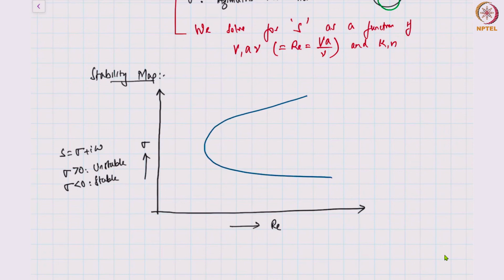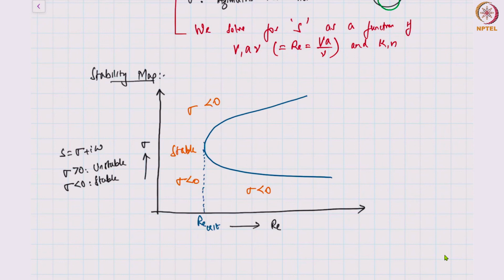So it means that, this of course varies from problem to problem, there could be a critical Reynolds number in certain flows where if you're below the critical, then the entire region has sigma less than 0. So in other words, this is a region where sigma is less than 0, so the flow is stable.